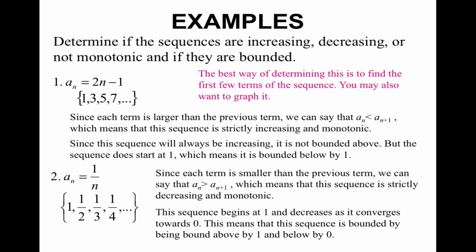And this sequence begins at 1 and decreases as it converges towards 0. This means that this sequence is bounded above by 1 and below by 0. So therefore, this sequence converges.